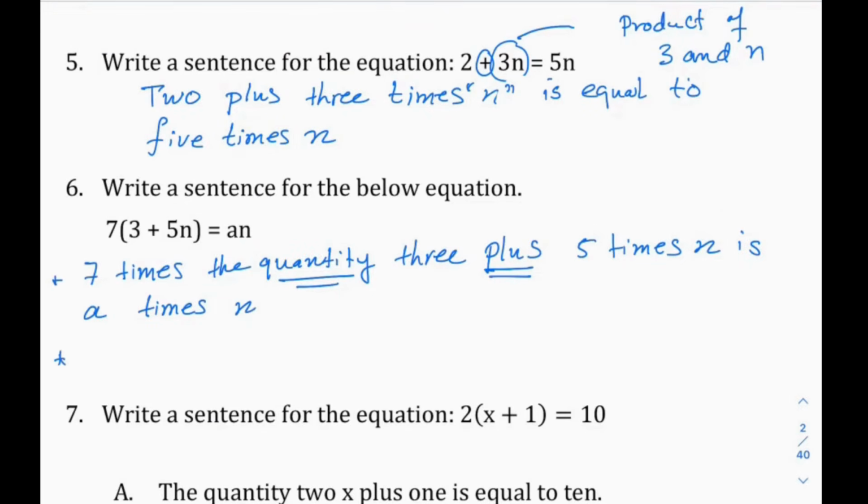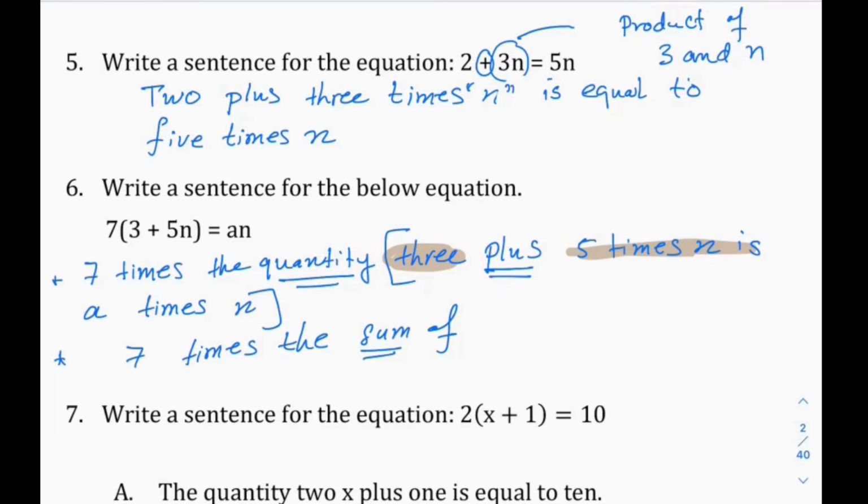If you want to use the sum, you can say 7 times the sum of. If you mention the sum, there is no need to mention the plus. So directly you go to sum of what?